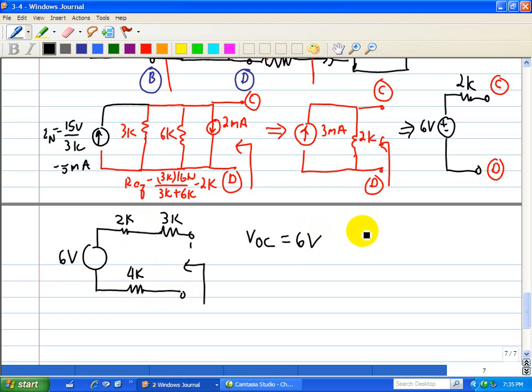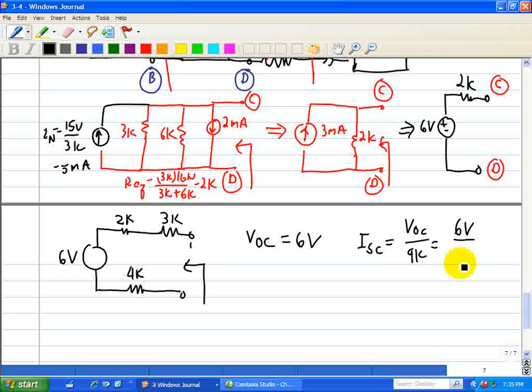So the short circuit current is equal to VOC divided by the sum of the resistance here. 2K plus 3 is 5 plus 4 is 9K, or 6 volts divided by 9K is 2/3 milliamps.